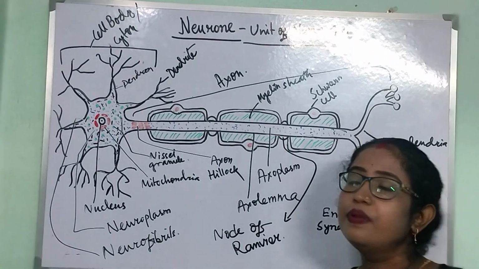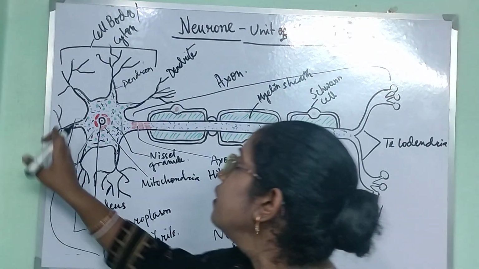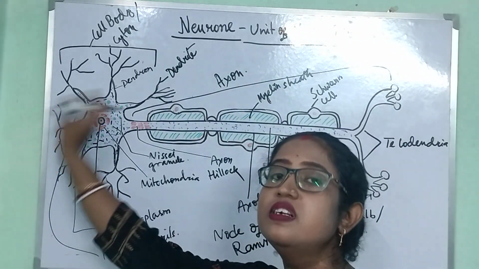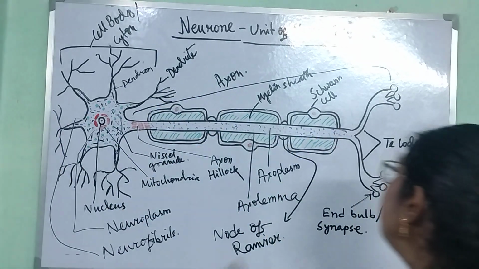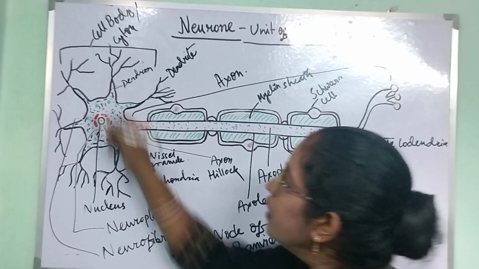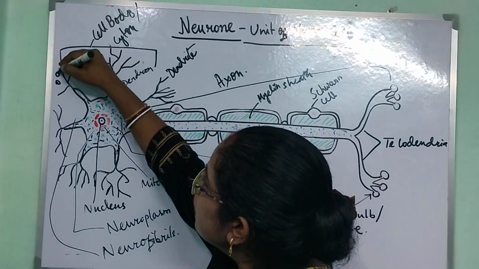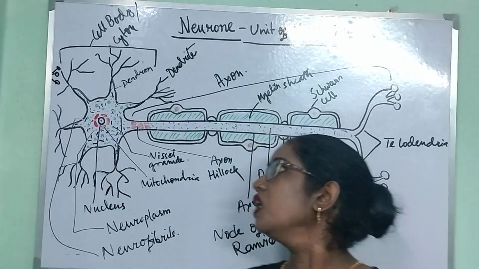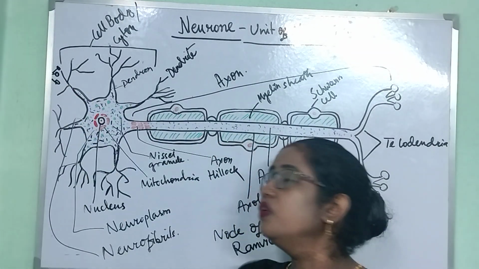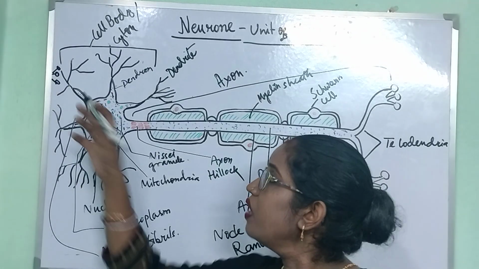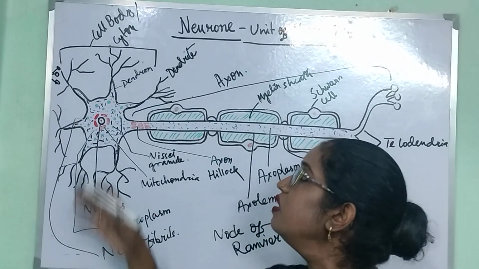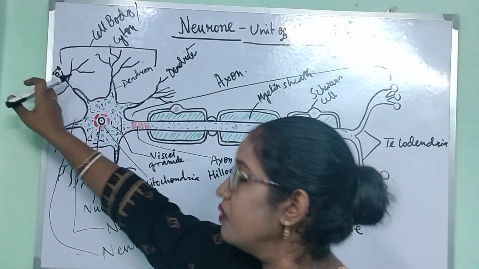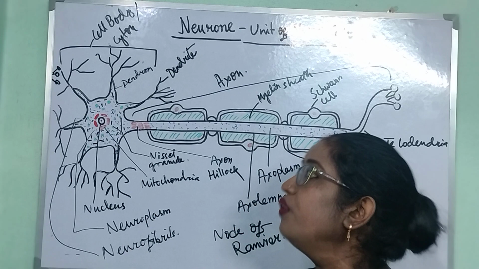So what happens is that the dendron receives impulses from the end portion of another neuron.